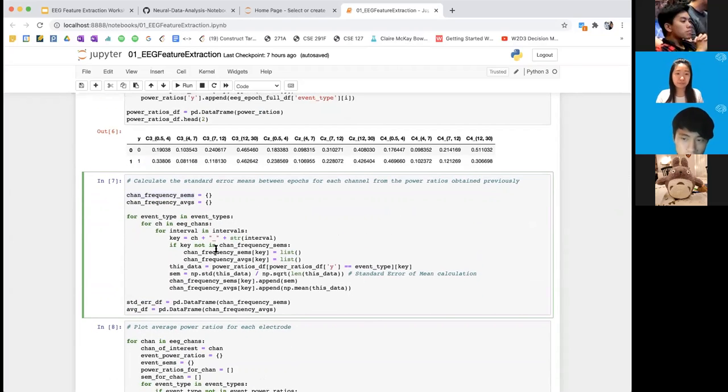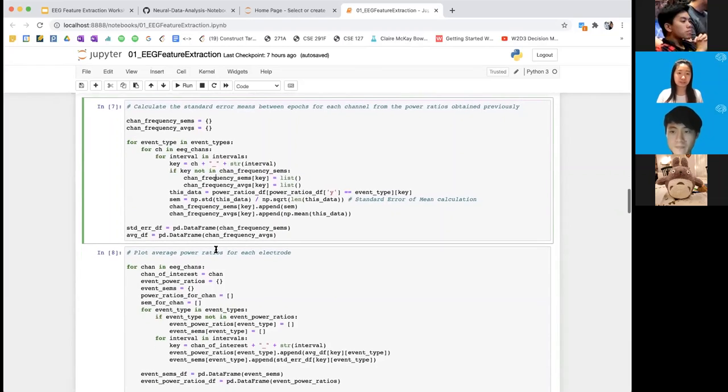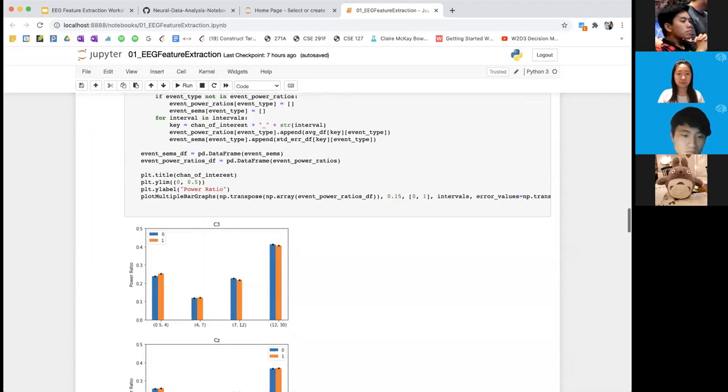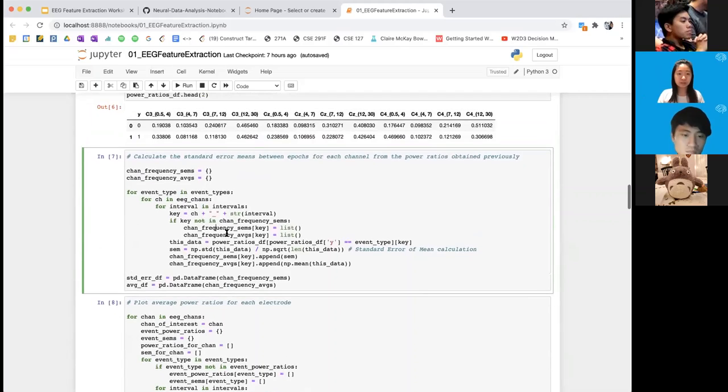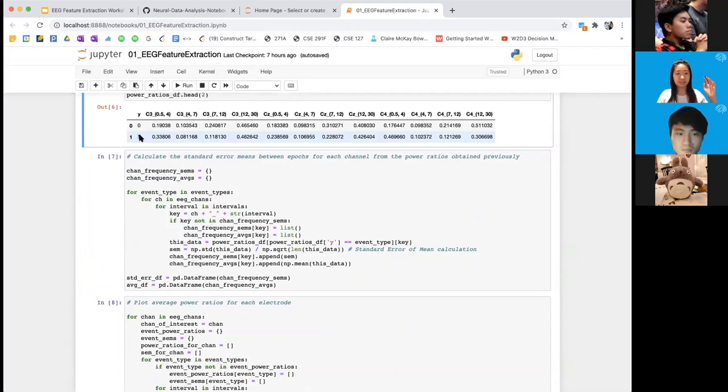So here we're going to analyze this between classes again. We want to see these graphs, basically the ones that I showed earlier. When we take the averages, we just take the average of all of the y's that are equal to that y.